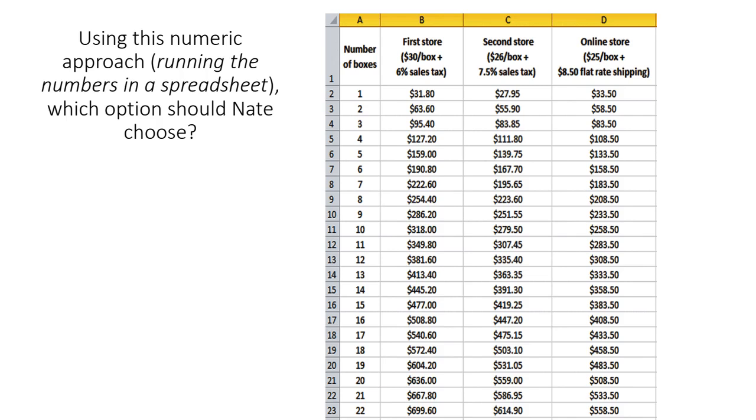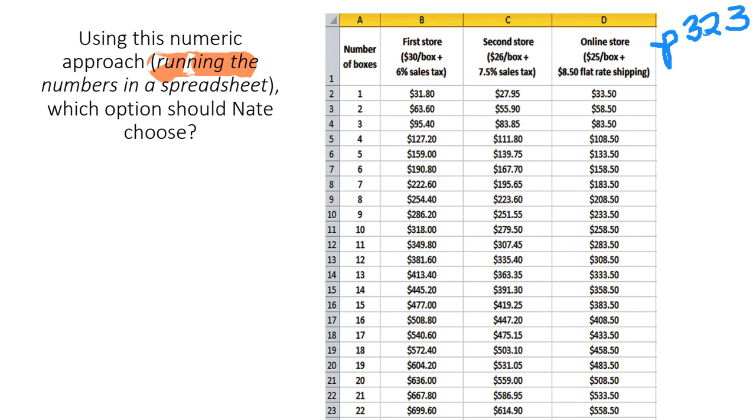Now again, this table is on page 323 in your textbook. It says, by using this numerical approach, running the numbers in a spreadsheet, which option should Nate choose? Well, this is where you have to go row by row to determine which column has the lower amount. The lower amount is our best buy.